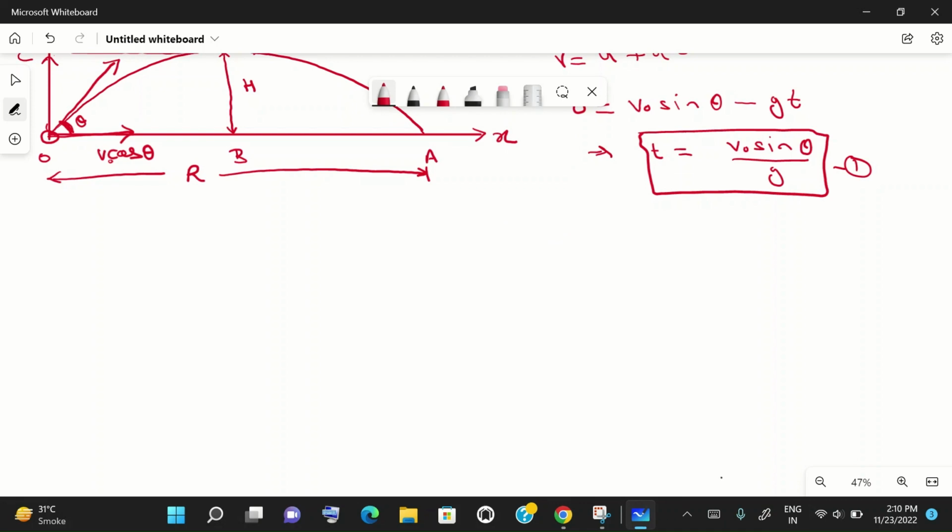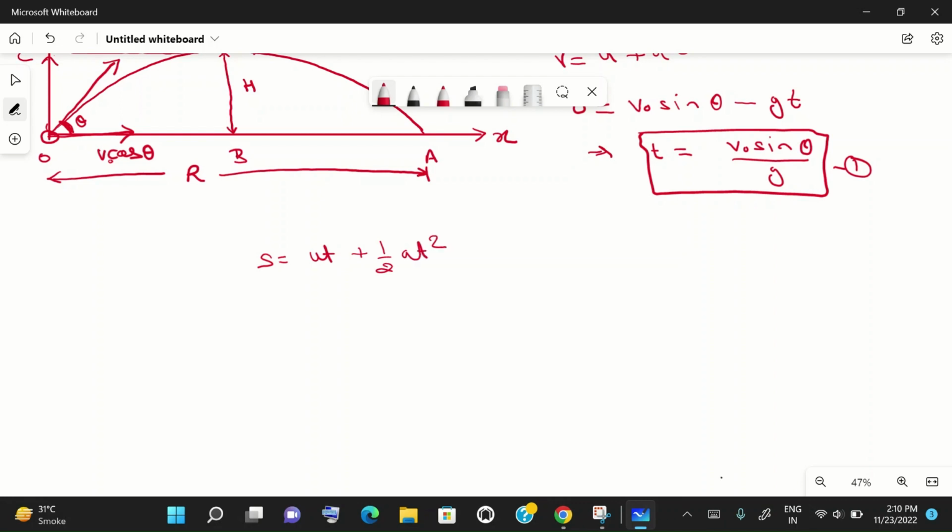Now we will consider the horizontal motion. Our second equation of motion is s is equal to ut plus half at square.